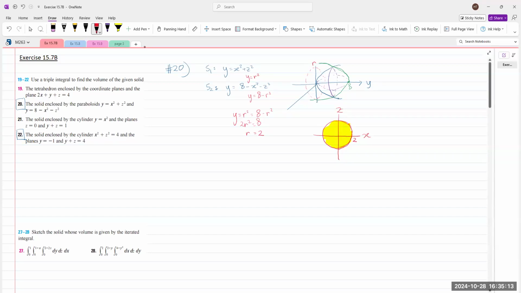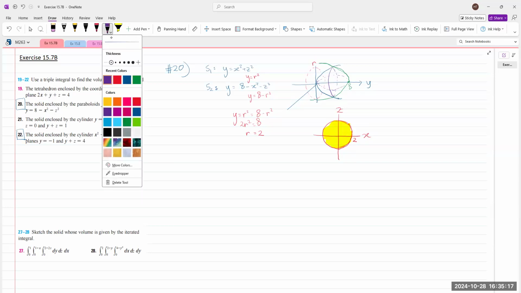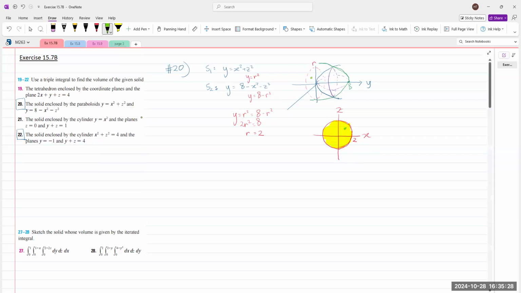Okay. So I will choose a point on that domain. Let me use light green then. Let's say I pick a point here and I shoot in the y direction. I will enter the solid from S1, and then get out of the solid on S2.